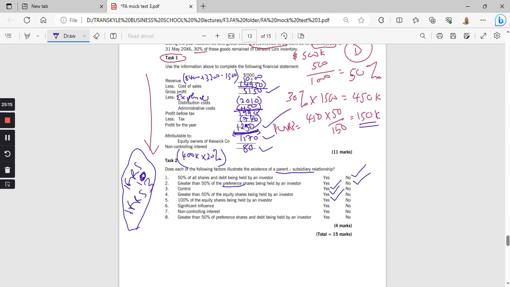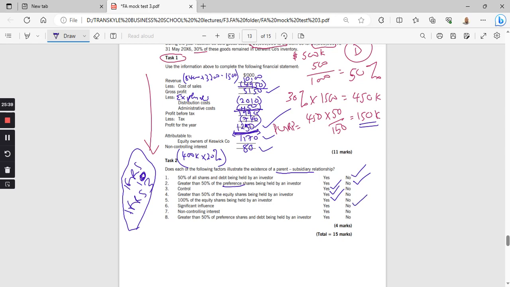Sometimes you acquire 100% of the subsidiary shares, sometimes more than 50%, and in those cases you are considered the parent. What about if there is significant influence? If there is only significant influence, somewhere between 20 and 50% of the shares, then there is an associate relationship. This is an associate, so the answer is no.